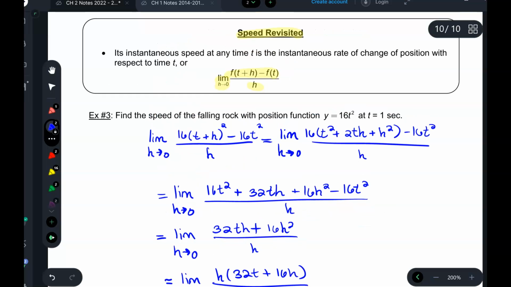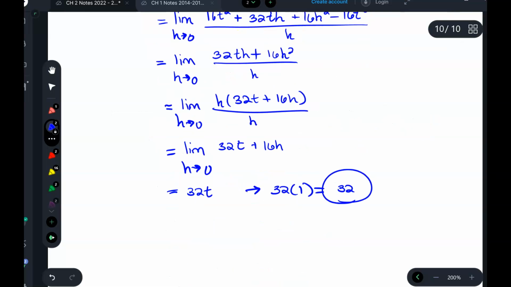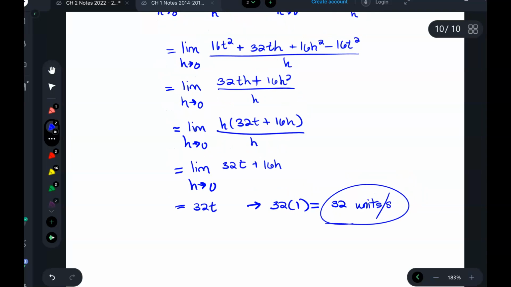If I don't give it to you, I didn't say what it was. I guess I did give you a second. So units per second. I don't know. I'll make sure to give you like feet per second or whatever it might be. Okay.